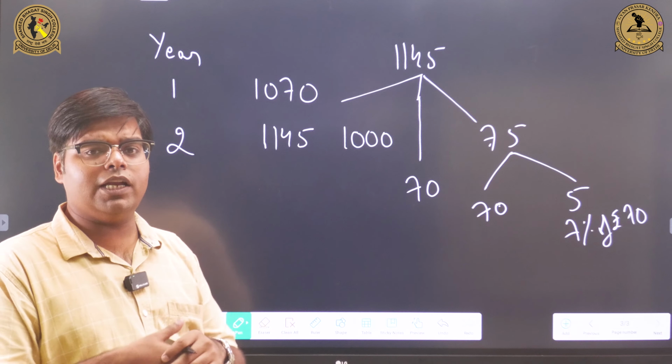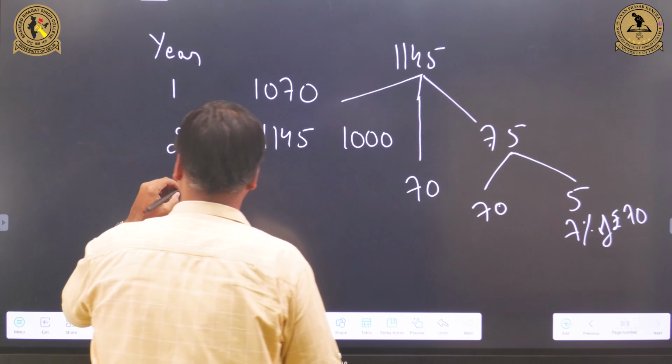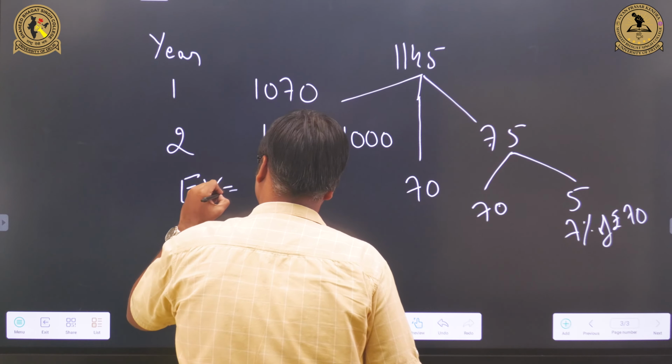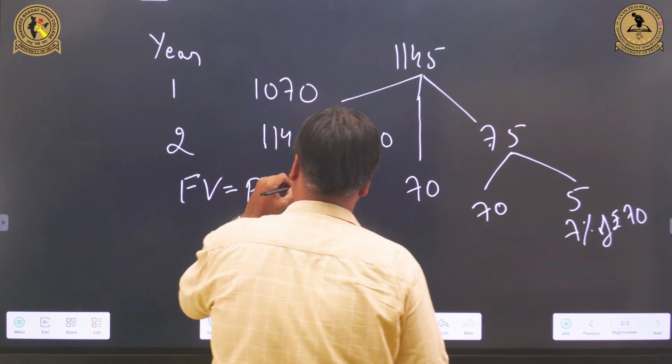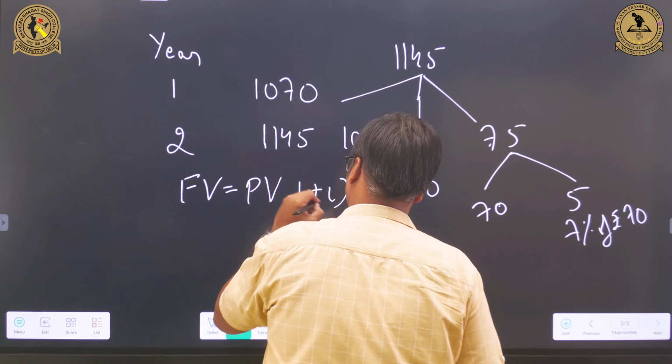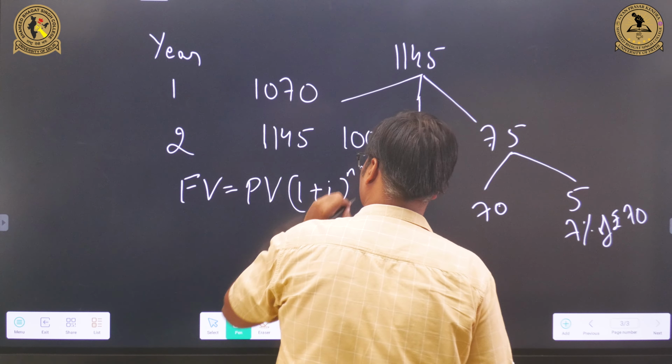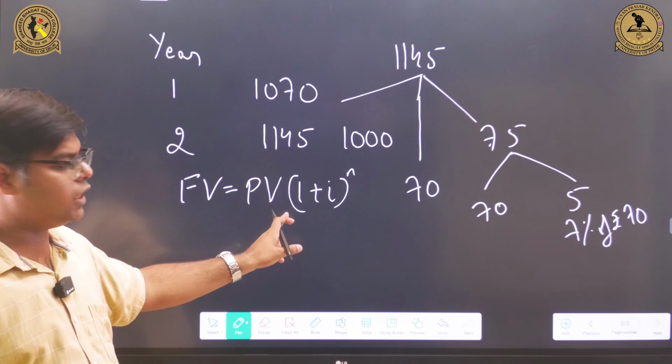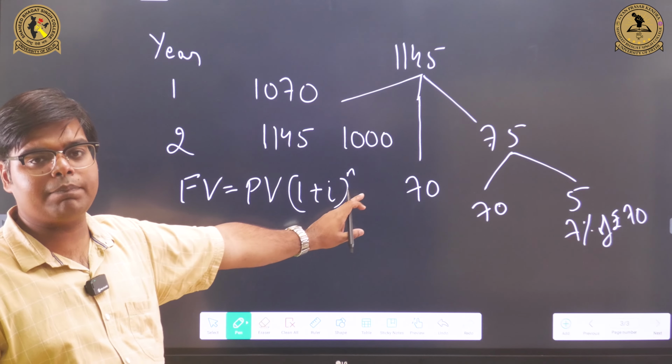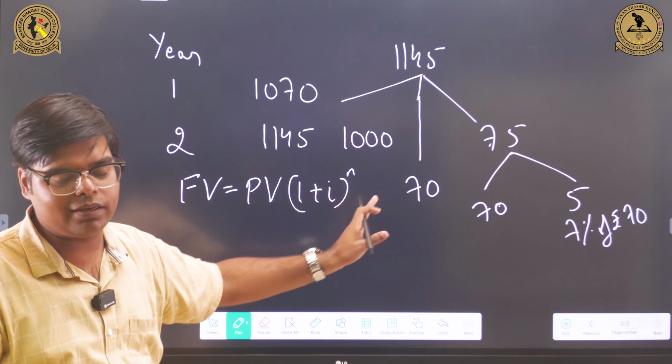Now under future value of single cash flow, the formula is future value is equals to present value multiplied by 1 plus I raised to power n.